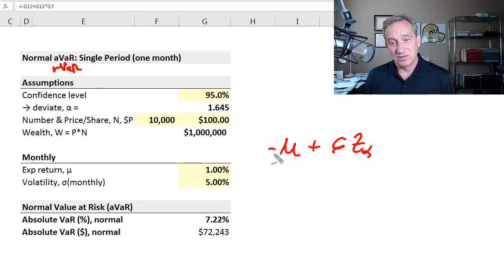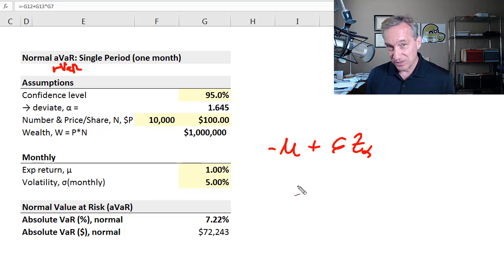Another way of viewing this is absolute VAR is the worst expected loss from the perspective of today's initial value, and relative VAR would be the worst expected loss from the perspective of the expected value in the future. But this is the general case, such that we could think of relative VAR as a special case when mu equals 0.